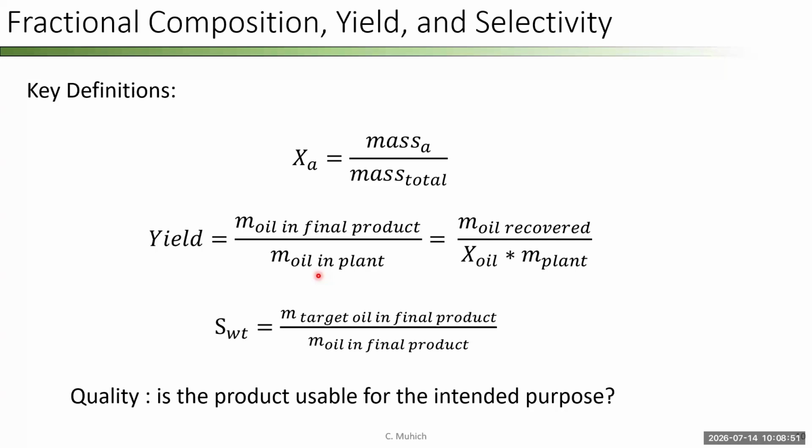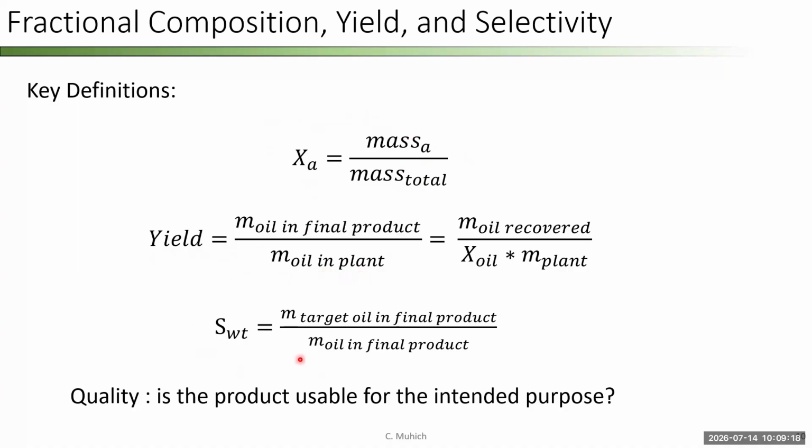Okay, so we'll think about things again in terms of a few definitions. Once again, remember back a few lectures, we have mass fraction x of A, which is the mass of A over the total mass. We have yield, which we will be defining as the mass of oil in our final product divided by the mass of oil in the incoming plant.